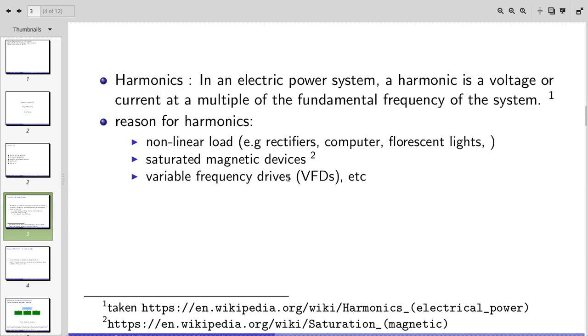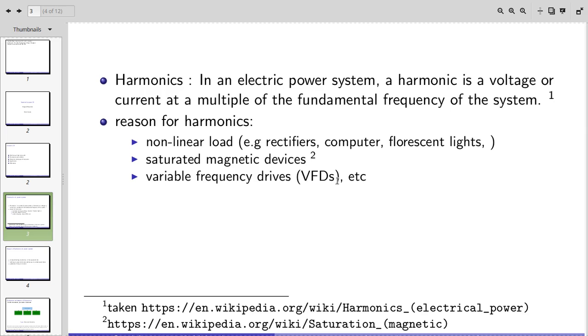And in our modern environment, we now and then use variable frequency drives. That is nothing but a gift of power electronics. Different types of power electronic switches are there, and due to that we inject a lot of harmonics into our electrical network. If you sum up, in a nonlinear load, say a computer, a rectifier or variable frequency drives, everywhere power electronics is there.